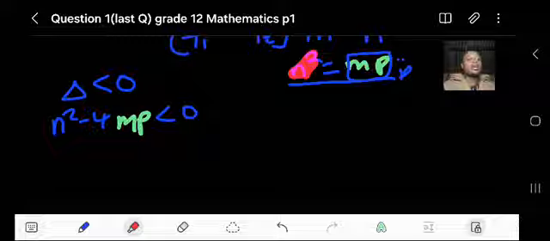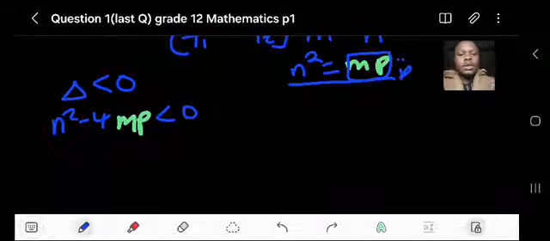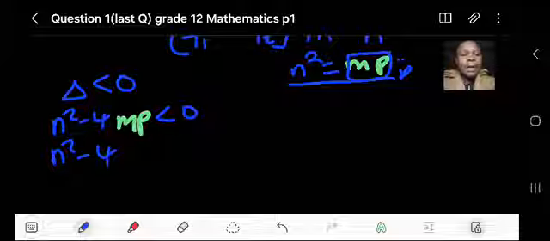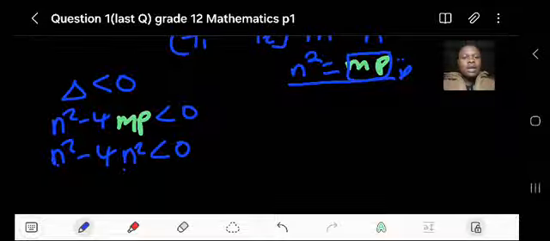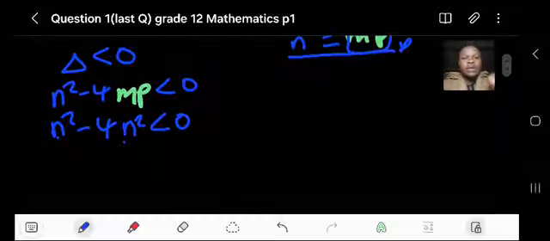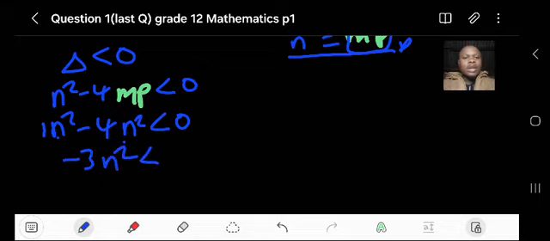So I will have n squared minus 4n squared less than 0. These are like terms: 1 minus 4 is minus 3, so we have minus 3 n squared less than 0.